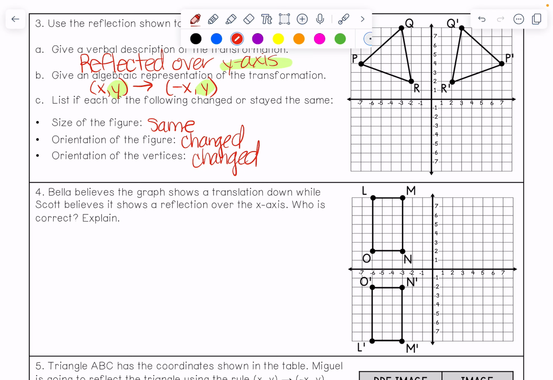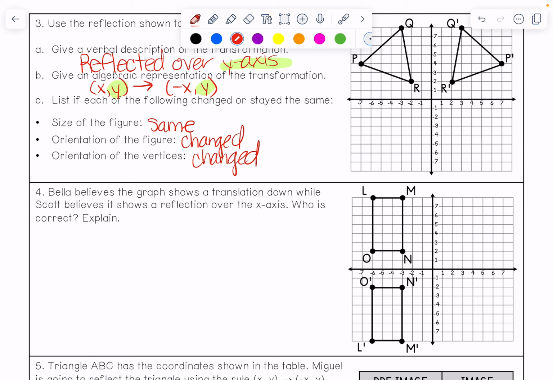Number 4, Bella believes the graph shows a translation down, while Scott believes it shows a reflection over the x-axis. Who is correct? Explain. So here we have two rectangles, they both look the same. It could be hard to distinguish whether it's a translation or a reflection. So then what you need to pay attention to are the vertices and how they're labeled.